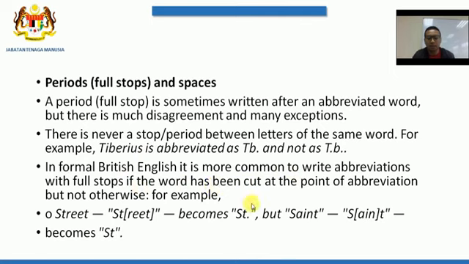In street, the cut is in the middle, meaning the vowels are left off, and here the letter T comes immediately after S, so we need to have a full stop. In saint, the cut is in between, so we don't have any full stop here.